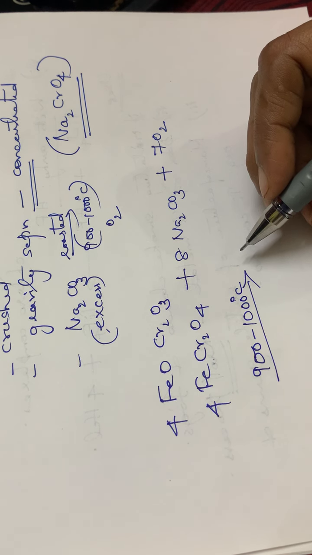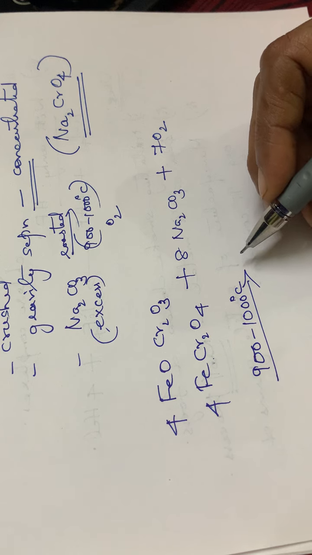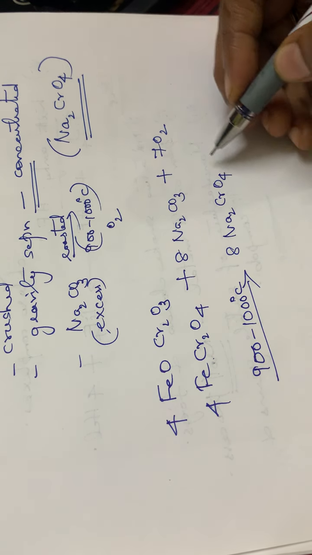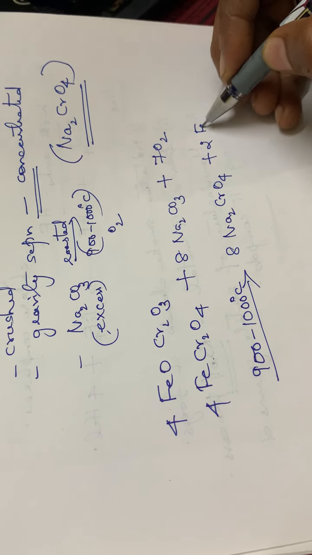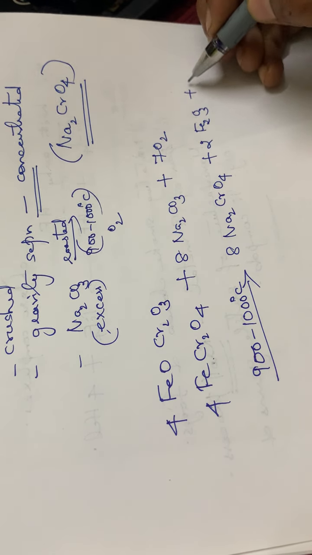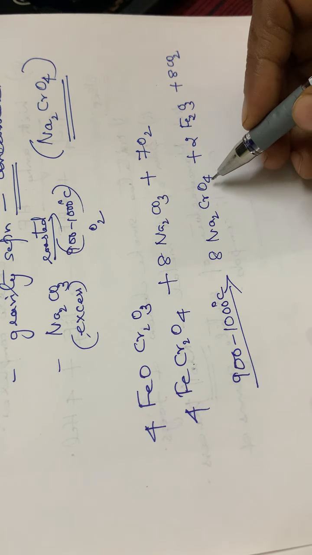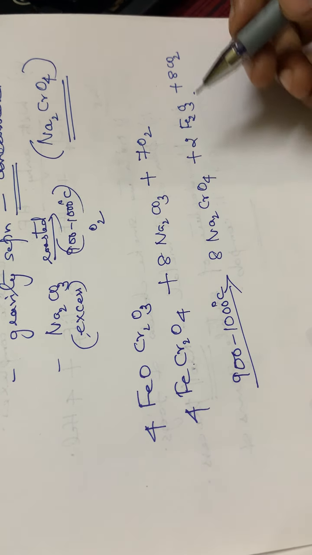This ore is converted to its sodium salt. So we will be obtaining 8Na2CrO4 plus 2Fe2O3 plus 8CO2. These are the products obtained: sodium chromate, iron oxide and carbon dioxide.